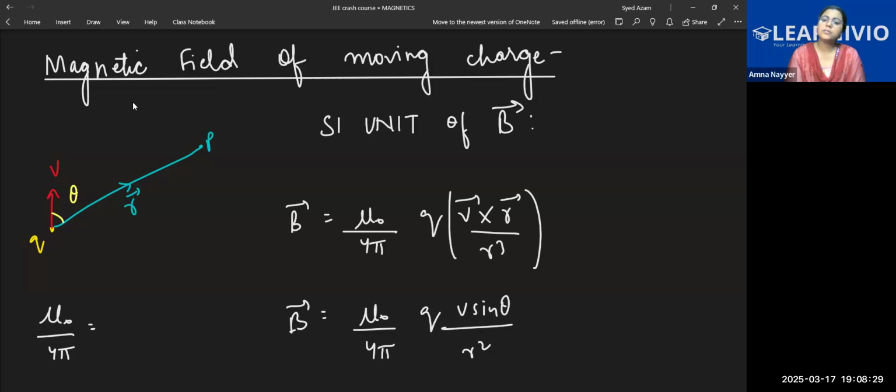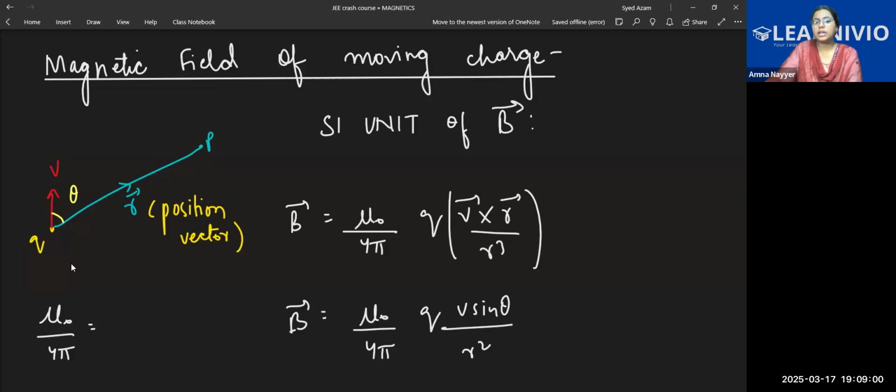So when we talk about the magnetic field due to a moving charge, it is derived from Biot-Savart's law only. If this is a charge moving with velocity v, and there's a point P, and this separation is the position vector r, and the angle between the velocity with which the charge is moving and this separation r is theta.